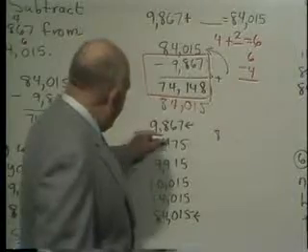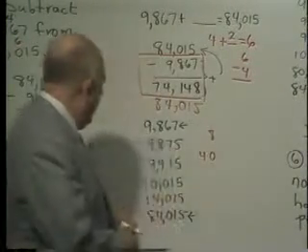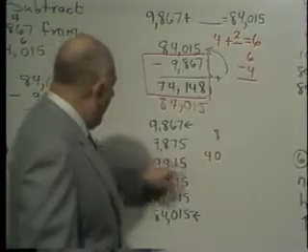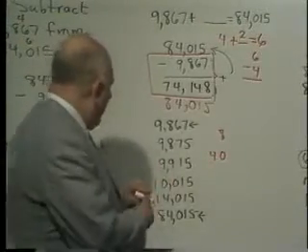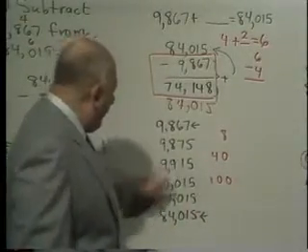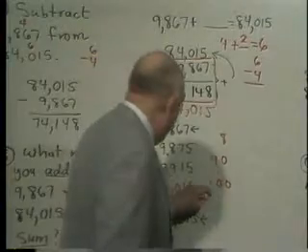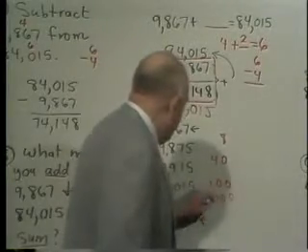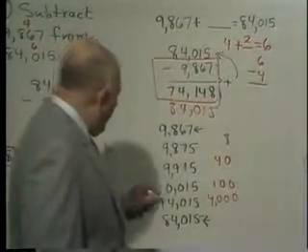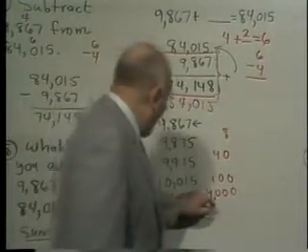To get from 875 to 915, you have to add on 40. To get from 9,915 to 10,015, you have to add on 100. And to get from 10,015 to 14,015, you have to add on 4,000. Okay? And to get from 14,015 to 84,015, you have to add on what?